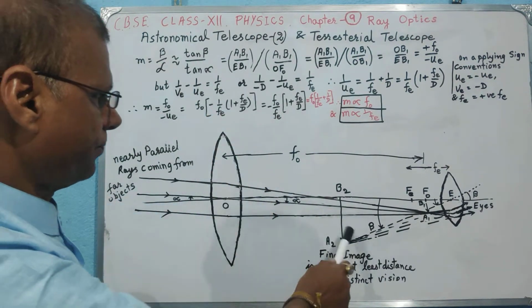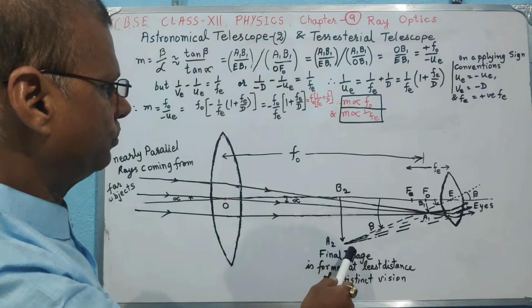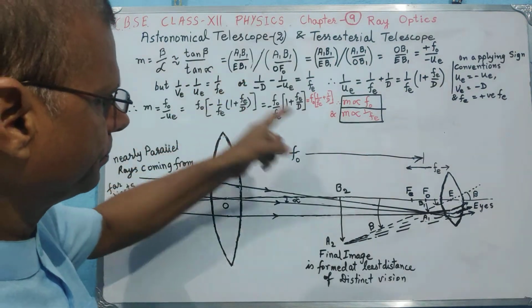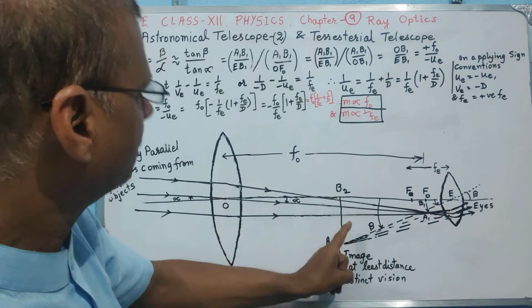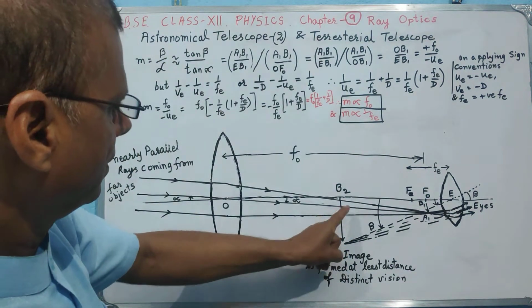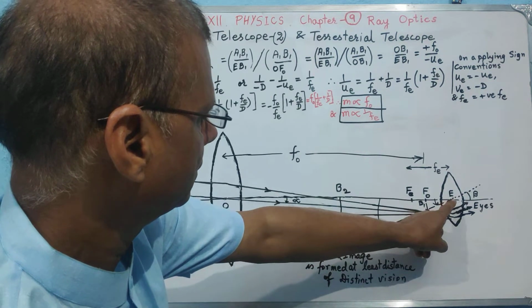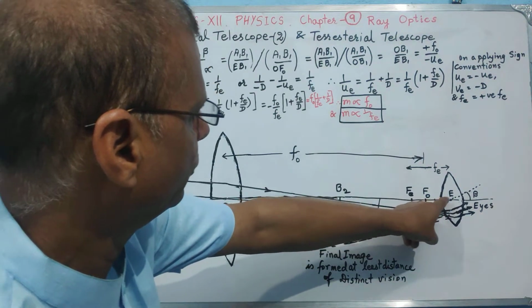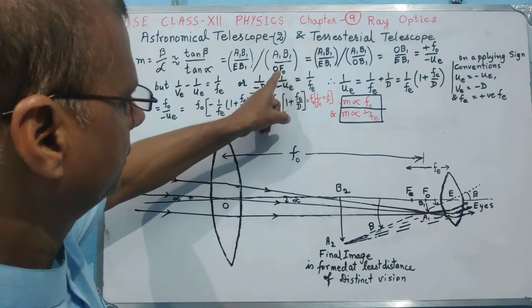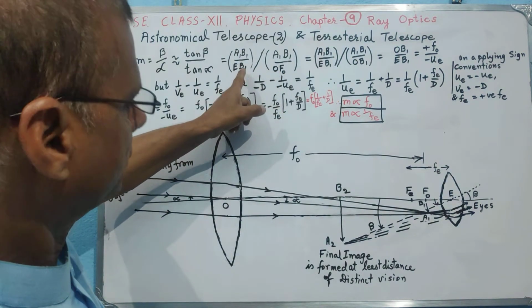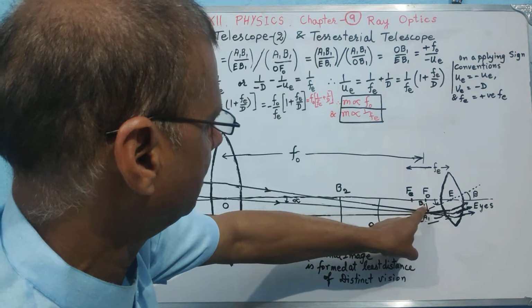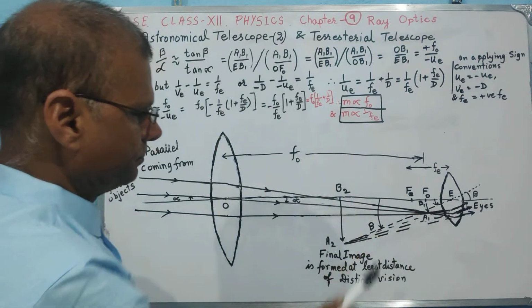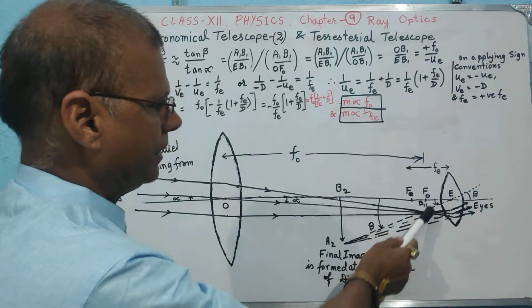From the triangle A1A2B2E, we have tan beta equal to A1B1 by B1E. This is the value of tan beta.